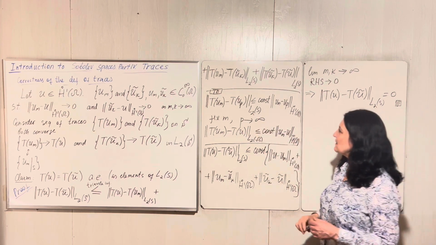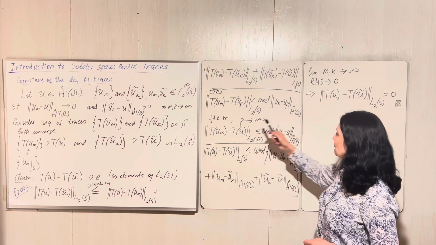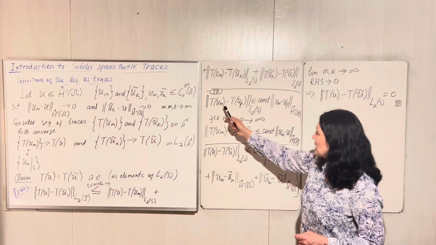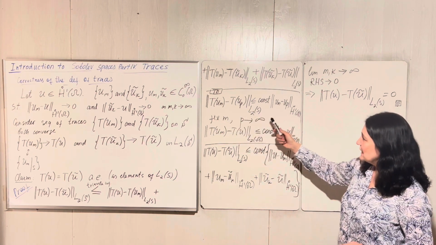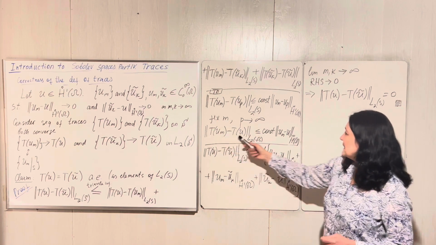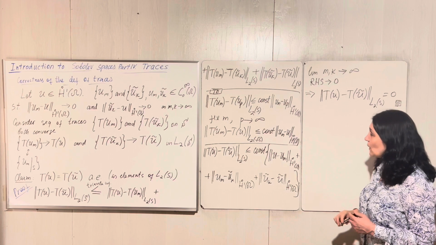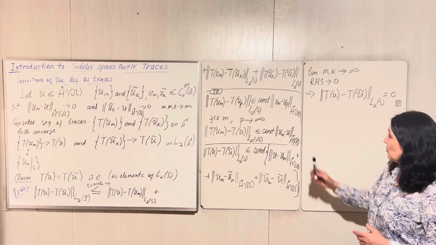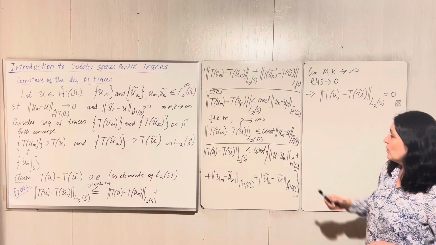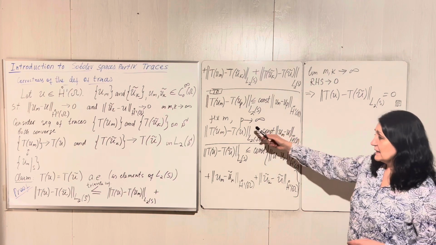So now let's see that from this inequality, if we fix m and send p to infinity, we can get another inequality, right? Which we will use now for every term in the right-hand side.